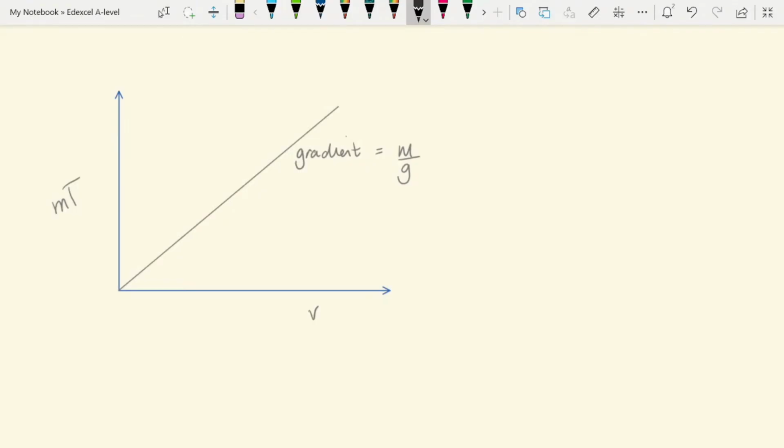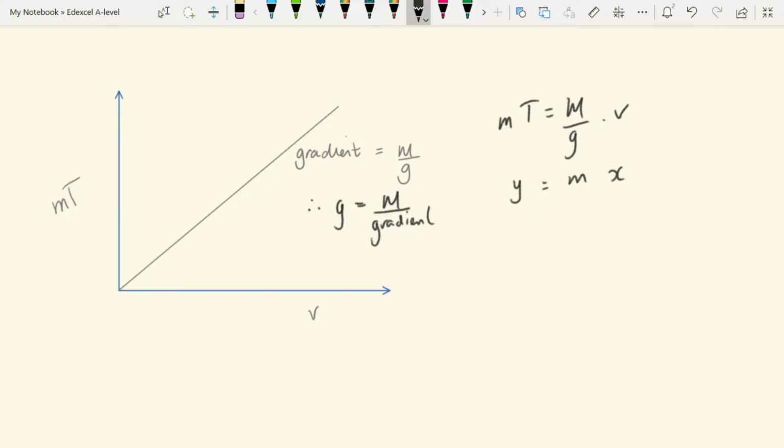This is the graph we're going to plot. mt on our y-axis, v on our x-axis, remembering that our equation is mt is equal to capital M over g times v, and there's our y equals mx. So obviously our gradient is going to be capital M over g, meaning that small g is going to be equal to M over our gradient.